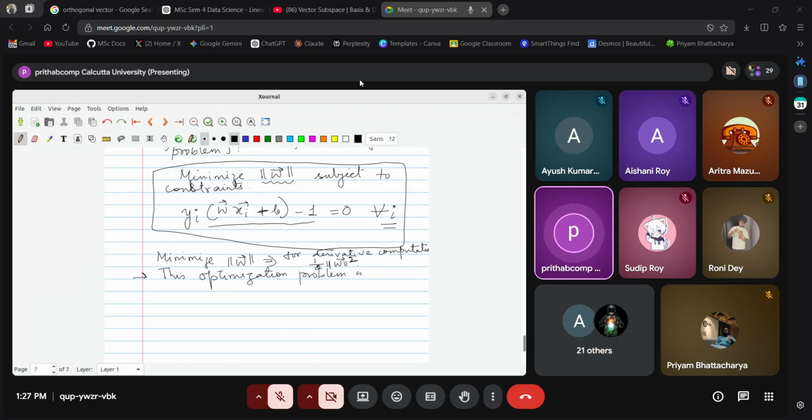Okay, so this is an important step actually. So since it is a minimization problem, somewhere we'll be equating the derivative to 0. So that is why, okay, let me write it more clearly.